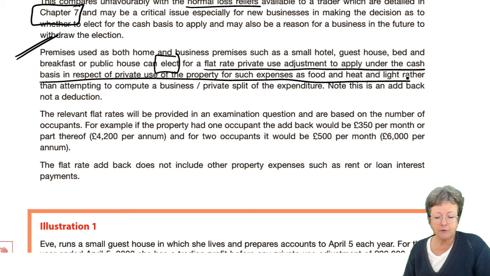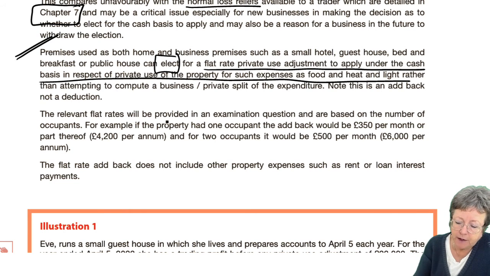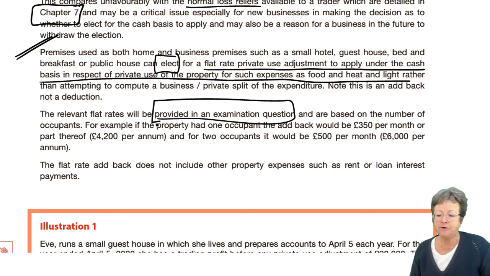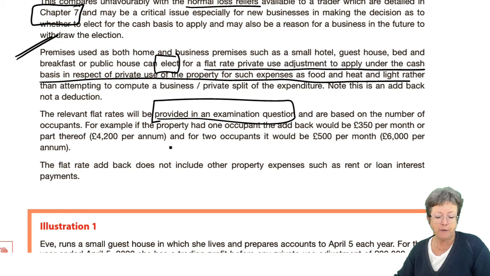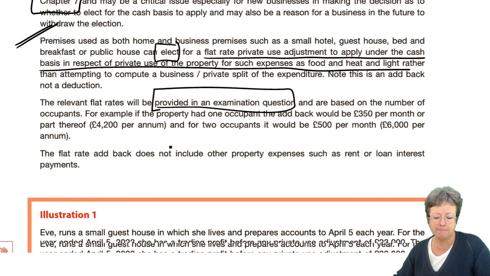The relevant flat rate is provided in the exam question and based on the number of occupants. So for example, if the property has one occupant, then it's £350 a month or part thereof, £4,200 an annum. 2 occupants is £500 a month or £6,000 per annum. Don't forget that means per year.